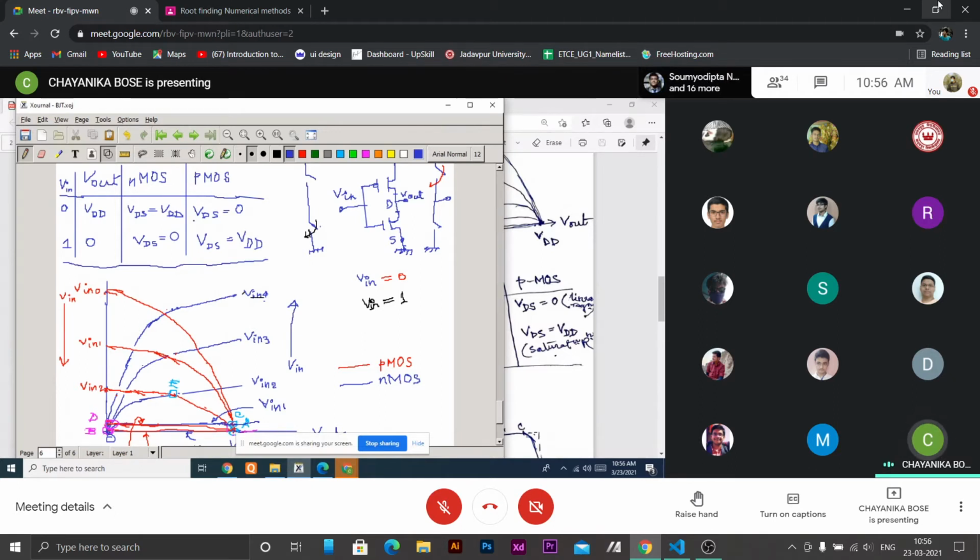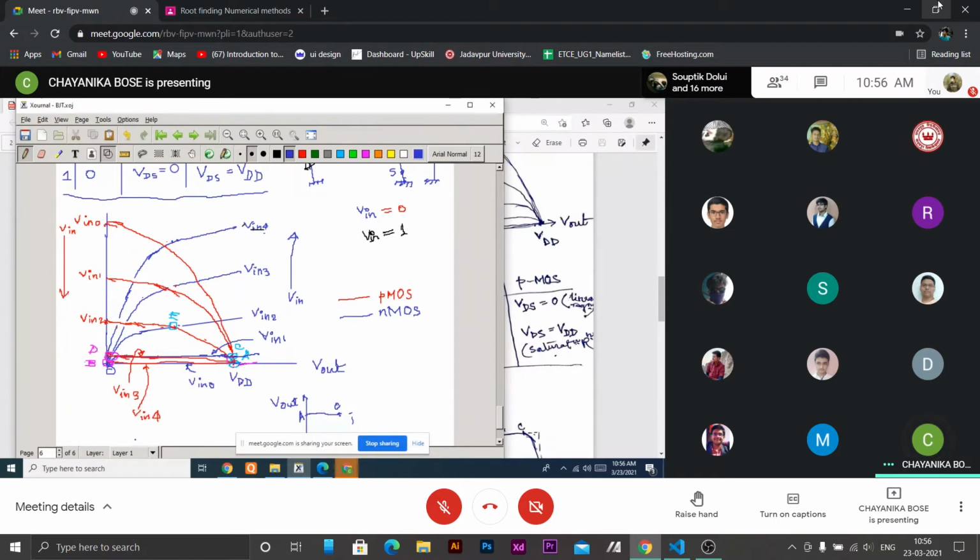And for PMOS, VGS is 0. So for PMOS, V input 4 is this one, the x-axis itself. Because V input 4 is VDD, PMOS's source is also connected to VDD. So practically, the MOS will remain off, no current will flow.